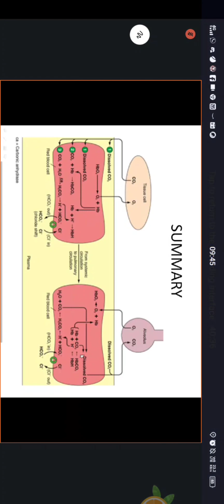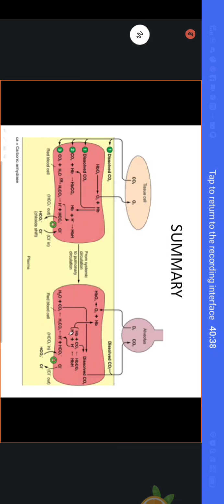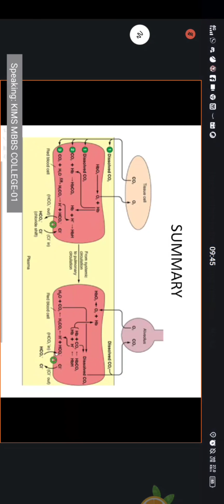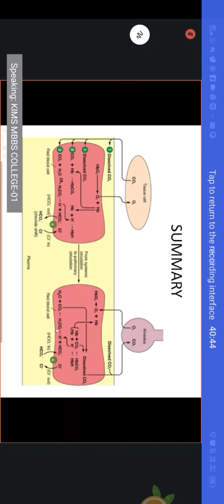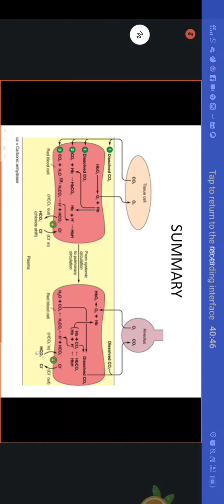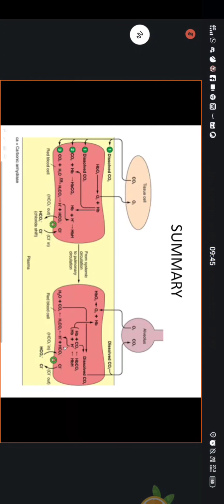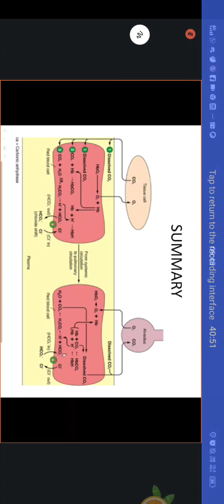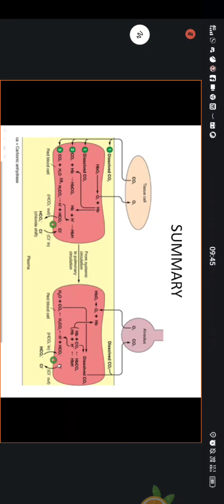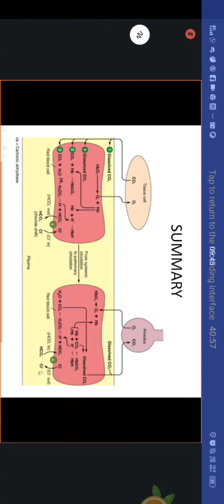It is separated from the carbamino compounds, or liberated through bicarbonate. Then, forming carbonic acid, bicarbonate enters the alveoli. So what will happen to the RBC at the level of alveoli? To compensate for this, again there is movement of chloride towards the outside.